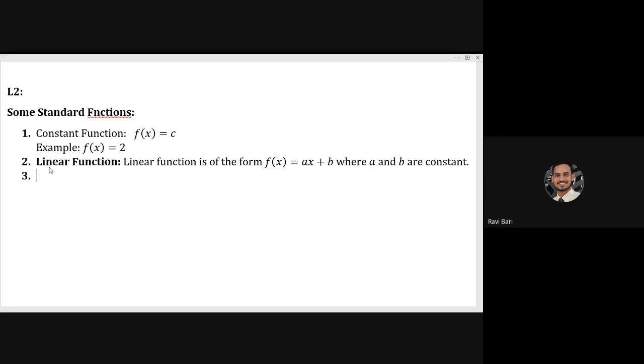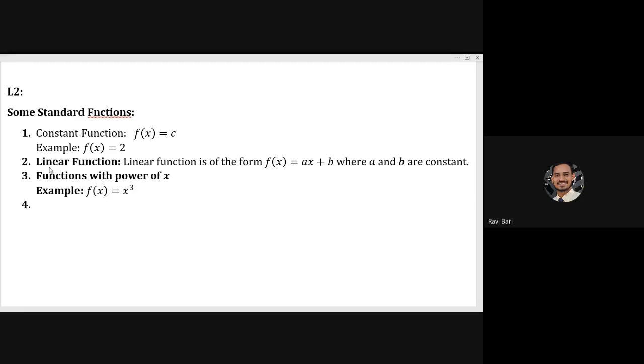Next is functions with power of x. An example of this kind of function is f of x is equal to x raised to 7 or x raised to 3.